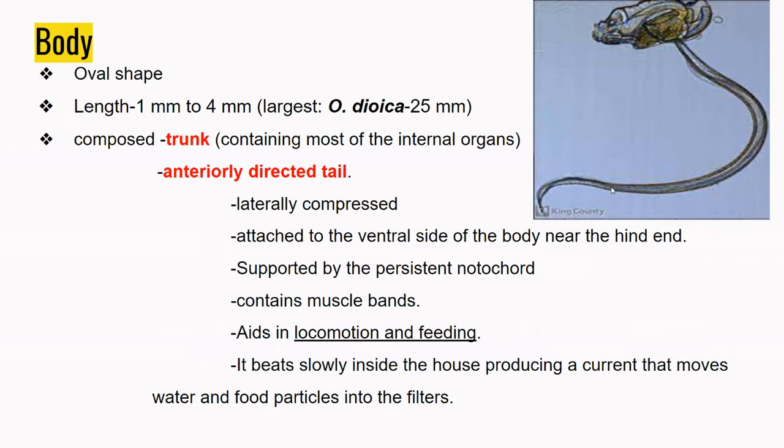The tail aids in locomotion and also in feeding. When they beat it slowly inside the house, it produces a kind of current that makes the water move in the house, and so they filter the food particles.